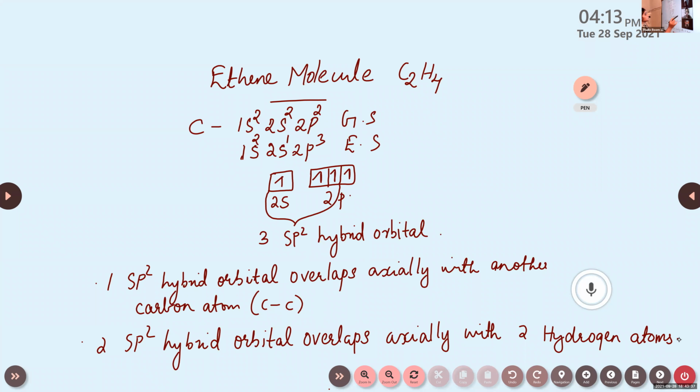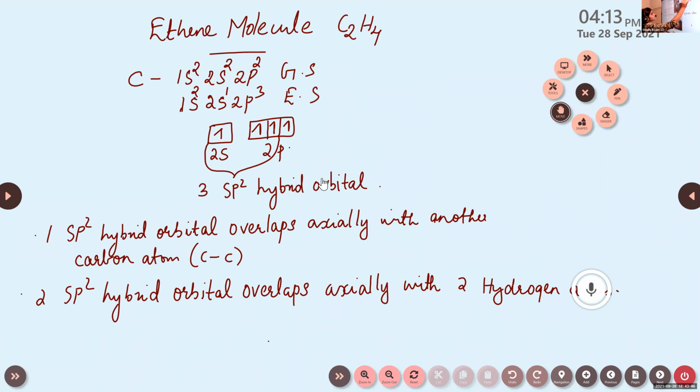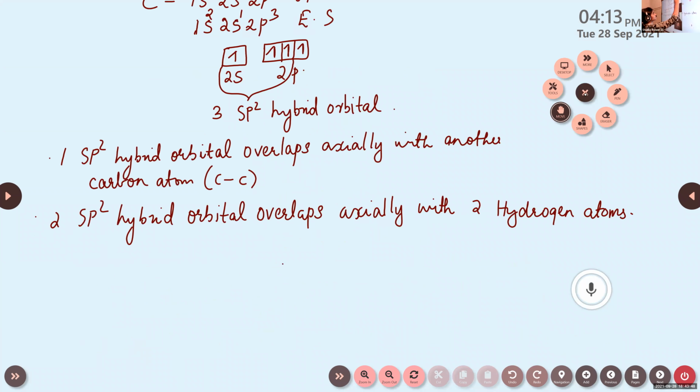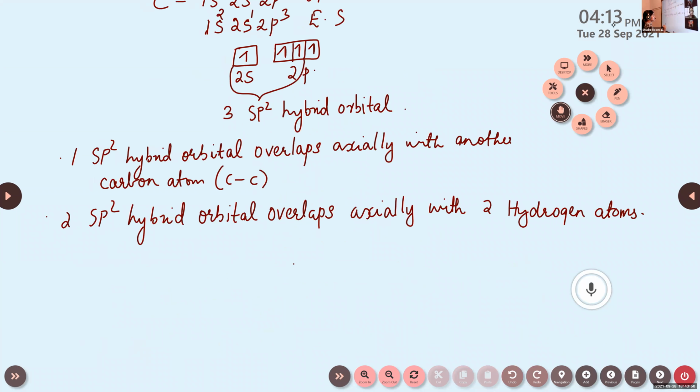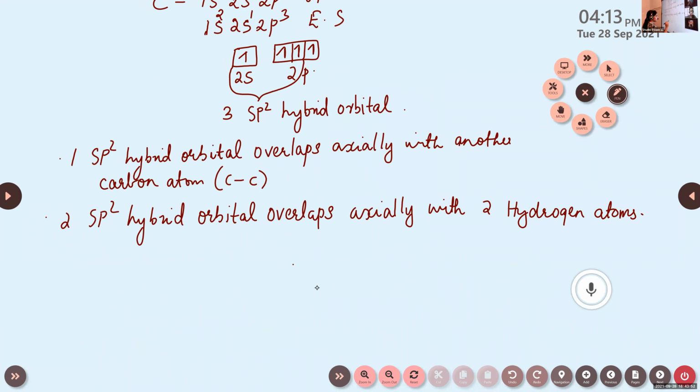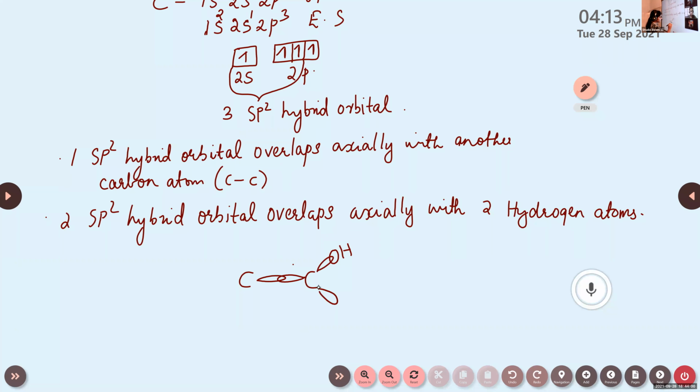Then now we can draw the structure. Here there are two carbon atoms. There will be axial overlapping between the two carbon atoms, and with hydrogen there is axial overlapping.